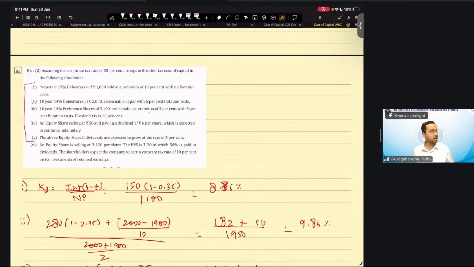An equity share selling at rupees 50 and paying dividend of 6 per share, which is expected to continue indefinitely. So it is simply 6 upon 50, which is 12%. Simple. The above equity share dividend is expected to grow at a rate of 5%. So that will be 6 by 50 plus 0.05, which is 17%.